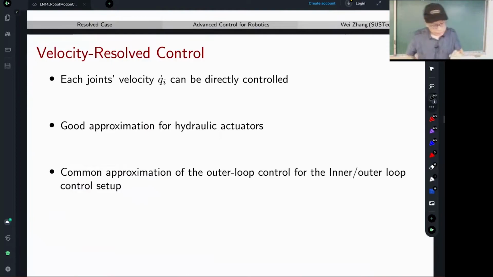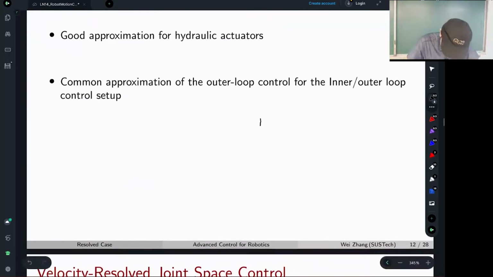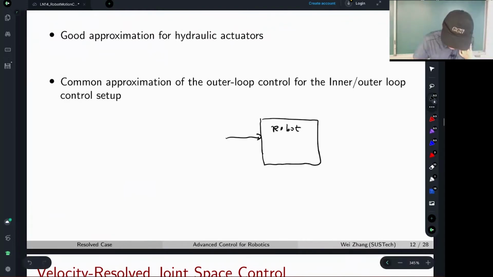And first of all, let's talk about so-called velocity resolved control. What we mean by that is I have a robot. Let's draw it here. Let's say robot. For my motion control design, all we need to send to the robot, suppose, is the velocity.